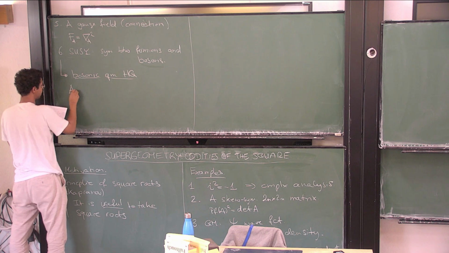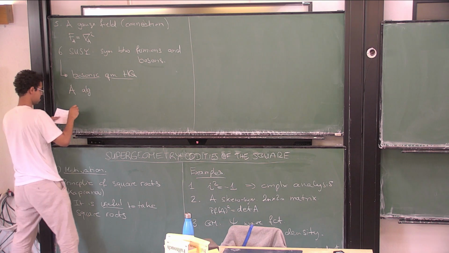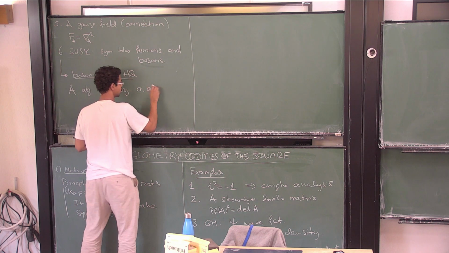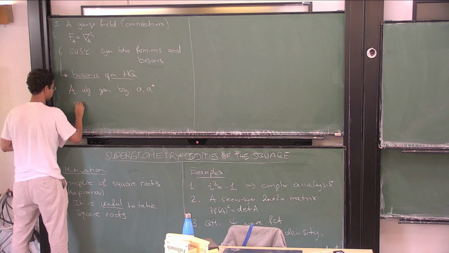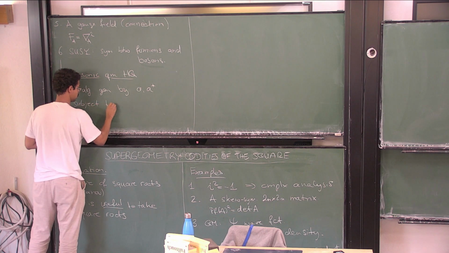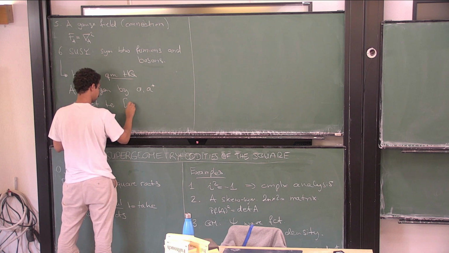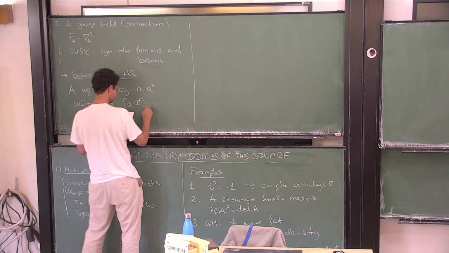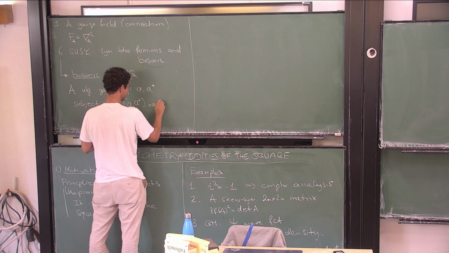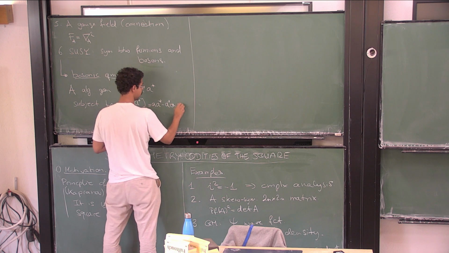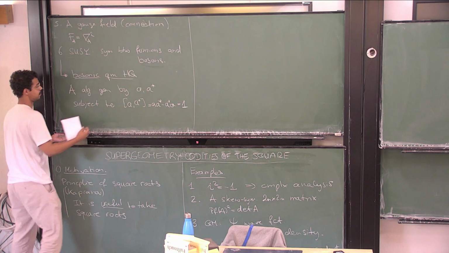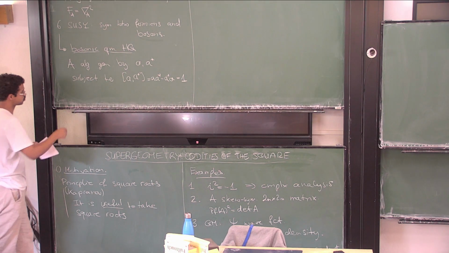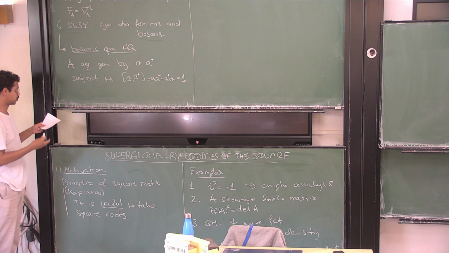Suppose you have an algebra generated by two elements, A and A star, subject to the following relation: the commutator of A and A star, A A star minus A star A, is equal to 1, and A star and A commute otherwise. This is the only restriction we want to put on this algebra.